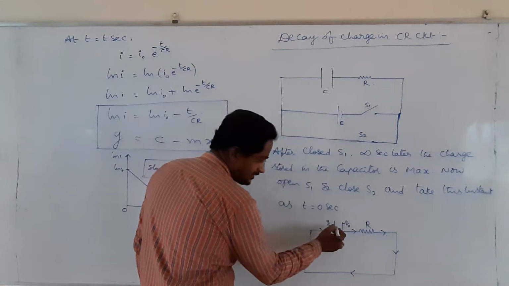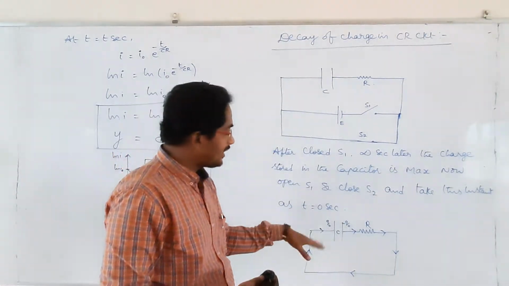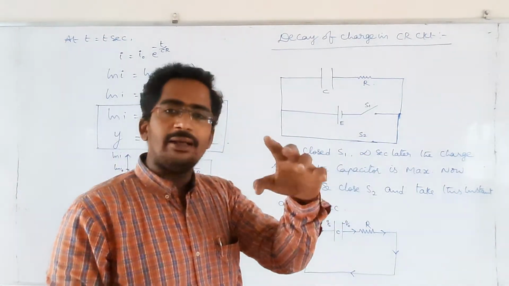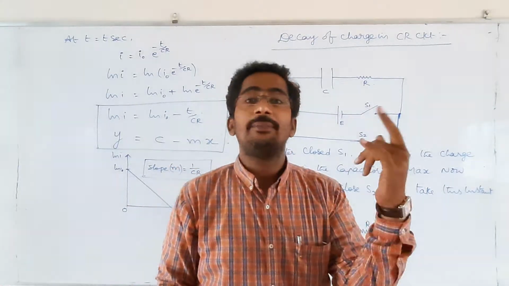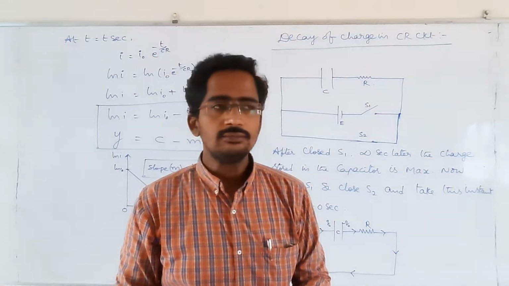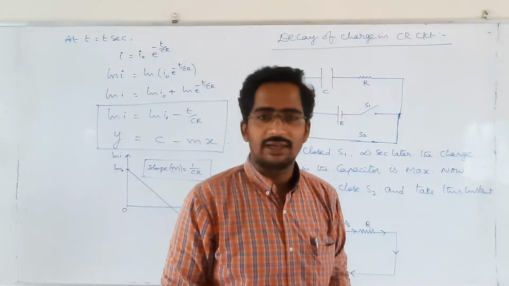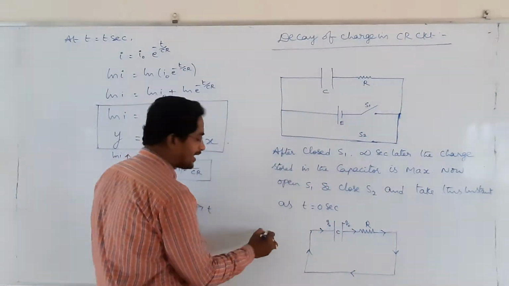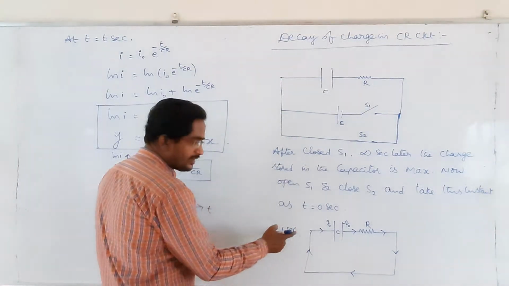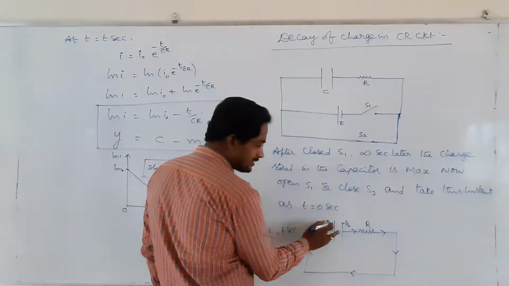The capacity is C here. As the time goes on increasing, the charge in the capacitor gradually decreases and finally becomes zero. But in the meanwhile, at a particular time, what is the charge value that I want to get? At the time of t seconds during decay, the charge stored here is q.